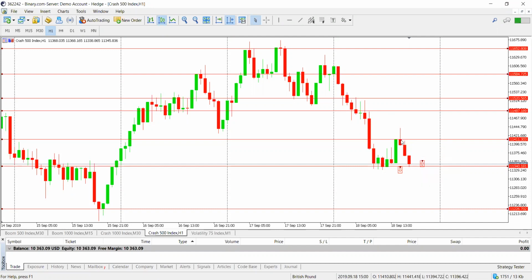Because I was able to notice this pin bar and to actually see that this is a reversal. I was telling you the other time that the pin bars are not the same. This pin bar is not the same as this pin bar. This pin bar may look the same on the design, but the meaning is not the same.